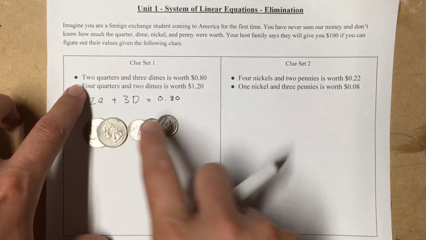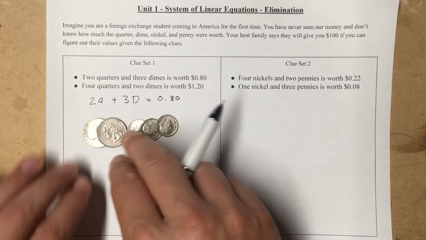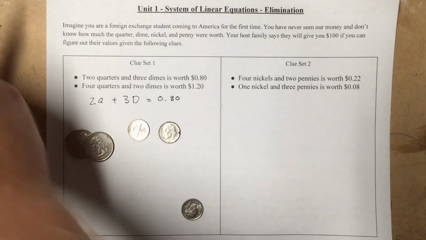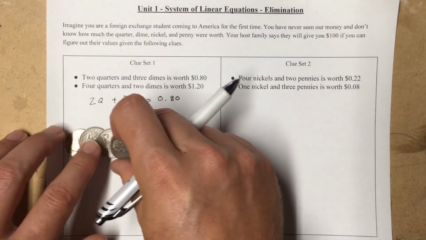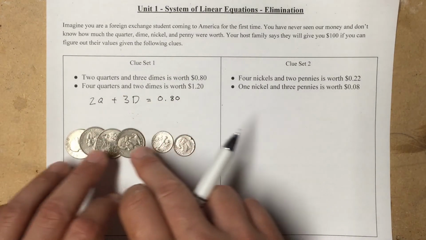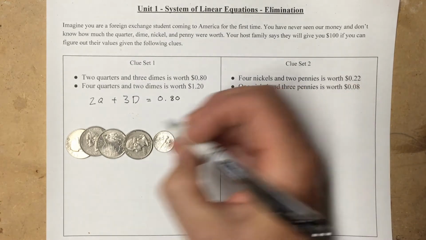4 quarters and 2 dimes is worth $1.20. So instead of 2 quarters, now we have 4 quarters and 2 dimes. That makes sense, right? 4 quarters, 2 dimes. Again, let's write a linear equation here.